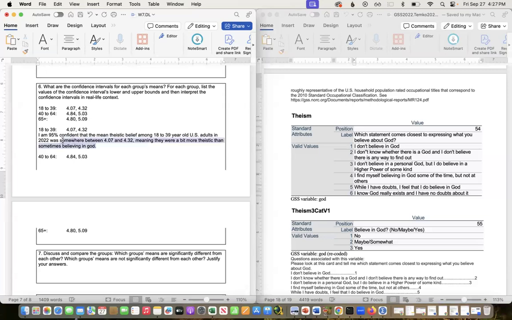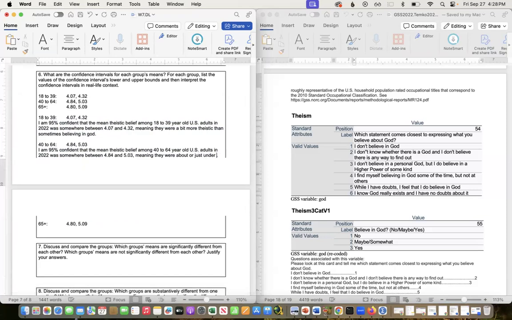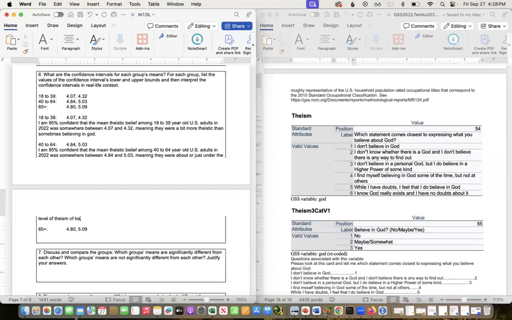Okay, this one is similar. I am 95% confident the mean theistic belief among 40 to 64-year-old US adults in 2022 was somewhere between 4.84 and 5.03, meaning they were about or just under the level of theism of believing in God with doubts.